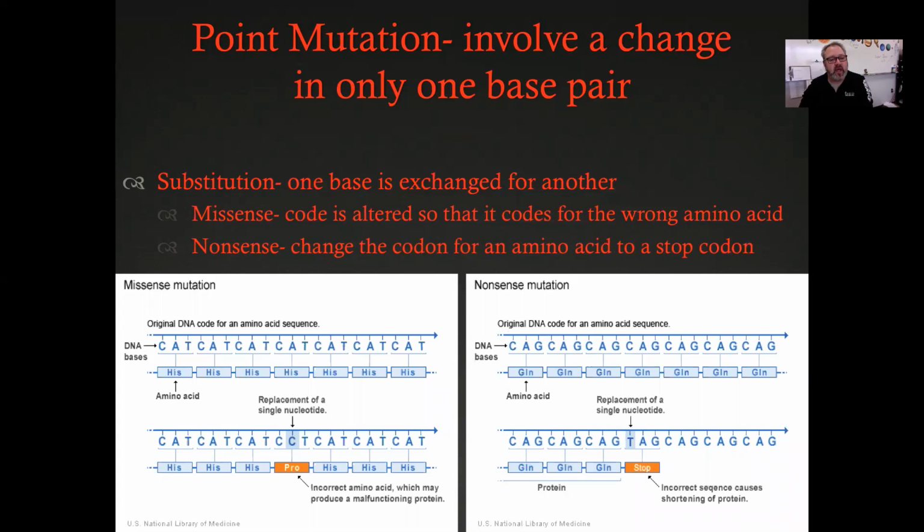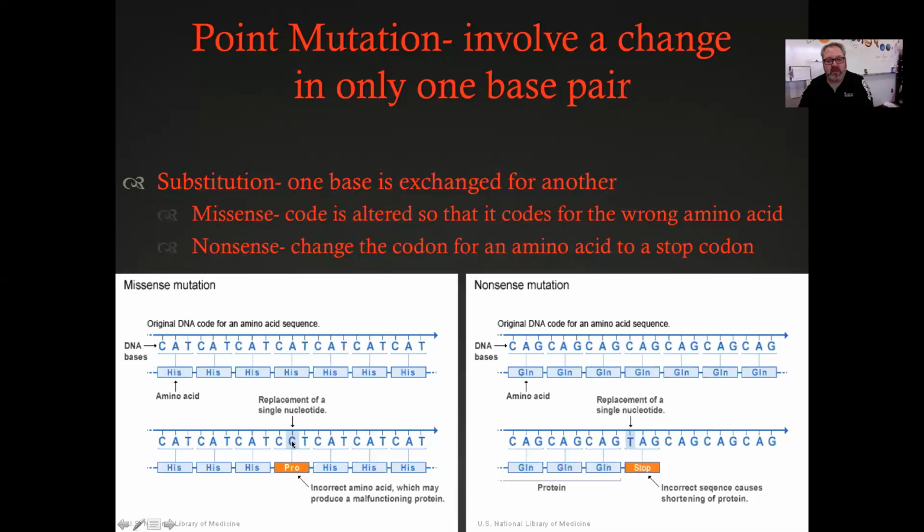So we've screwed up the chain of amino acids, and that's going to make a different protein, okay? And we call it a point mutation because it's one specific point where something has happened. Now, this is what we call substitution. One base is exchanged for another one. So in this case, we have C or cytosine replacing adenine. And that's just one single base, okay?